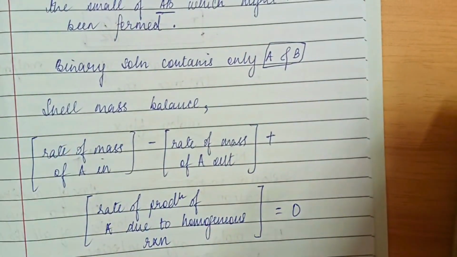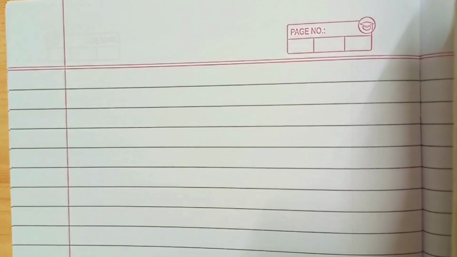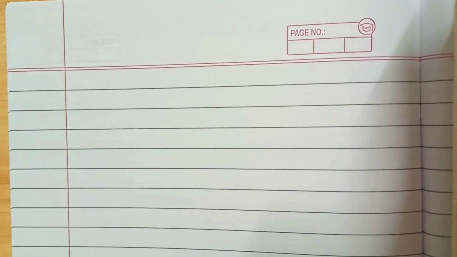So, first of all, we need to decide the direction in which diffusion occurs, that is, the direction in which the concentration varies. As we have seen, diffusion is basically the movement of molecules from a higher concentration to a lower concentration due to a gradient.